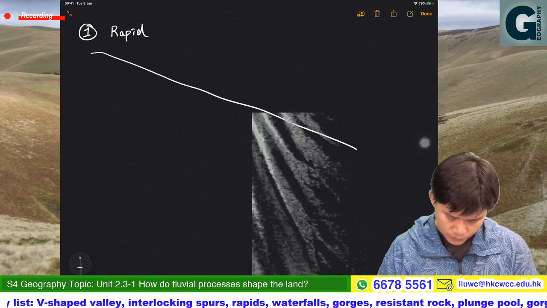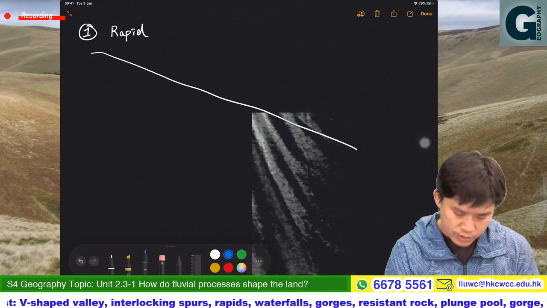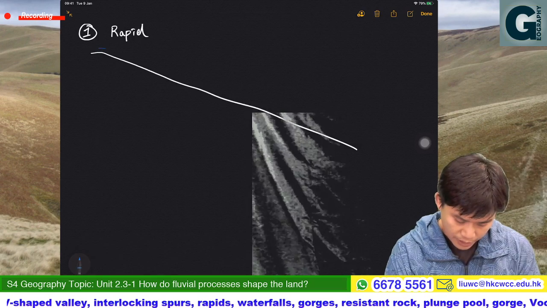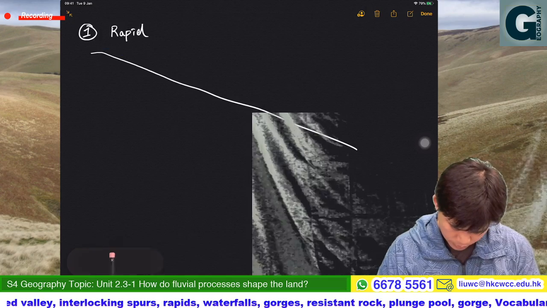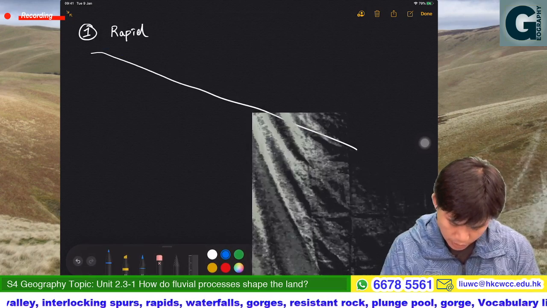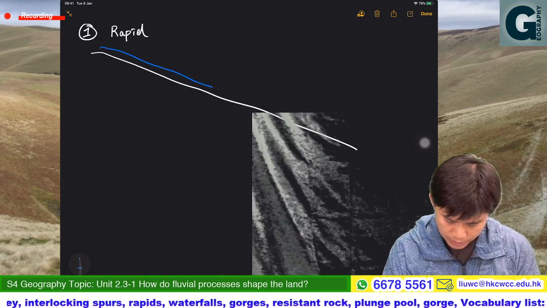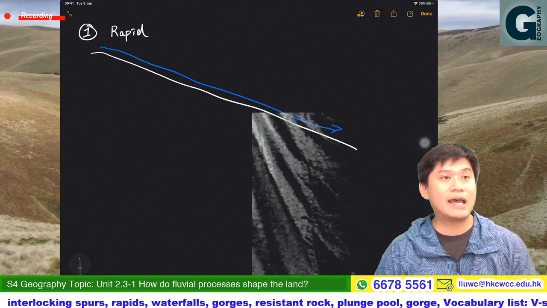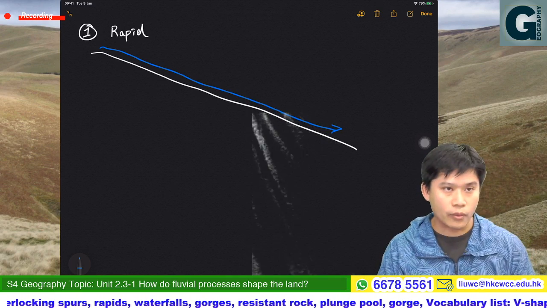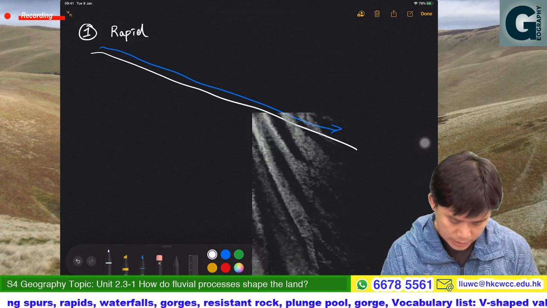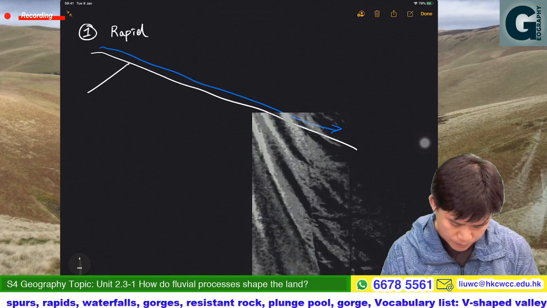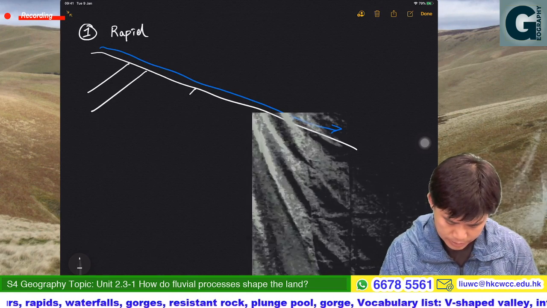If the water flowed from the high ground to the low ground, is there any rapid? Of course not. So when we say a rapid occurred, there must be something like this.